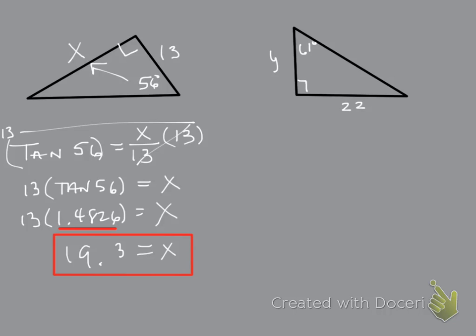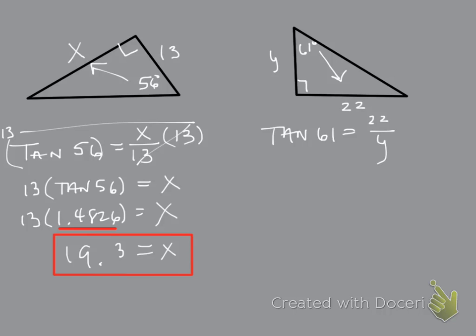Now, what if I want to find y on the other problem here? Well, of course, we're dealing with tangent, so I can immediately say, okay, well, let's do tangent of 61. I'm looking at opposite, okay, is 22 in this case, over adjacent, which is y. Little bit different setup. I remember when I taught Algebra 1 primarily, this is where students had a hard time getting y by itself.